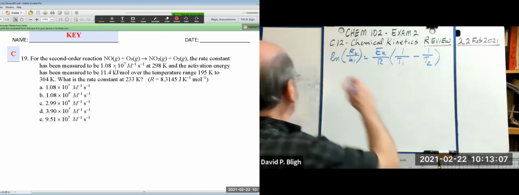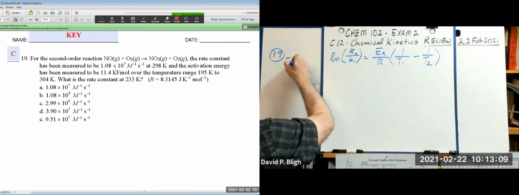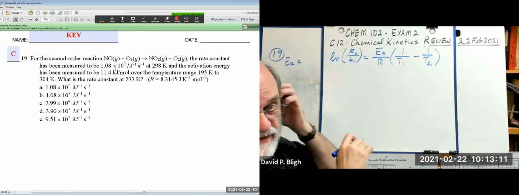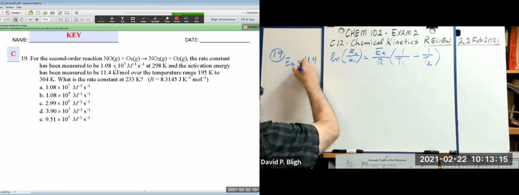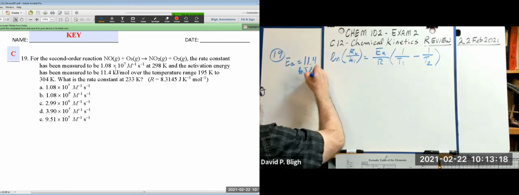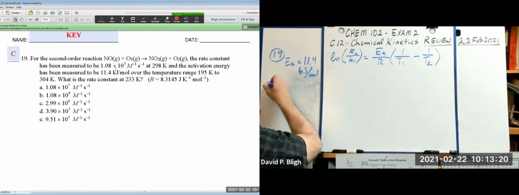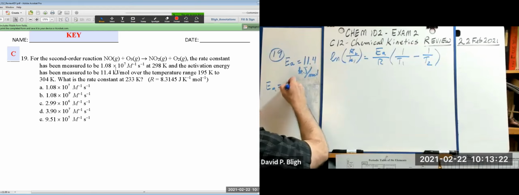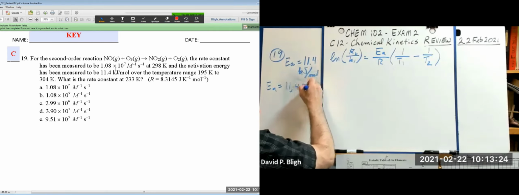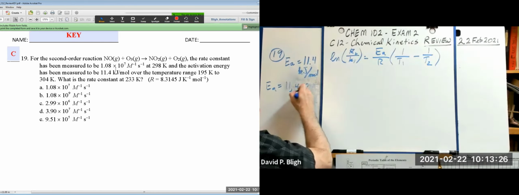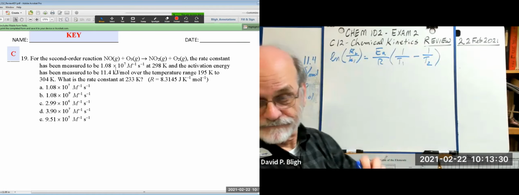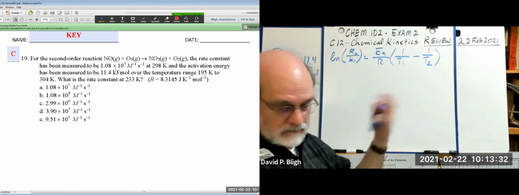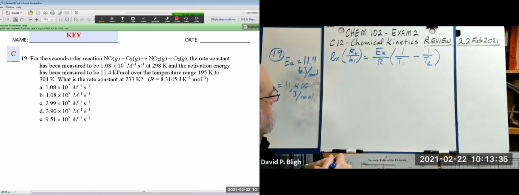So the activation energy, E sub A, is given as 11.4 kilojoules per mole. So we need it in terms of joules, 11,400 joules per mole. All right, got to get all of our values in the same units.